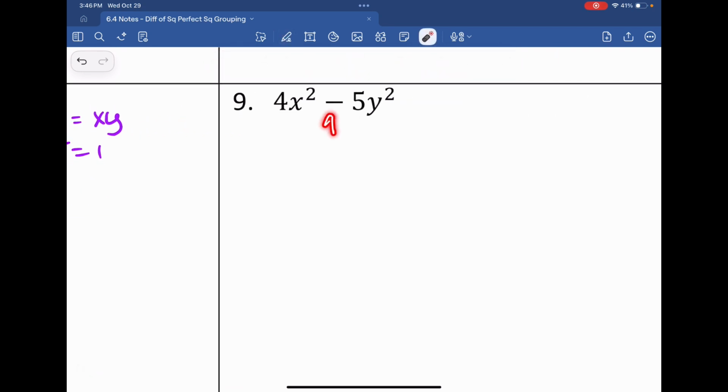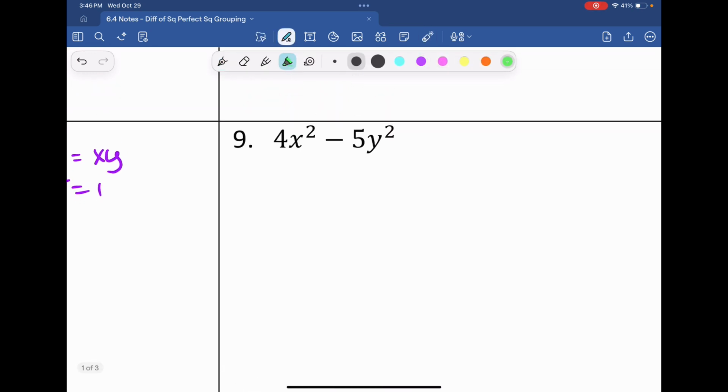Subtraction. X squared, even exponent. 4, that's a square. Y squared, even exponent. But I want you to highlight the 5. 5 is not a square. Not a perfect square, at least. I can't take the square root of it and get a nice, pretty number.